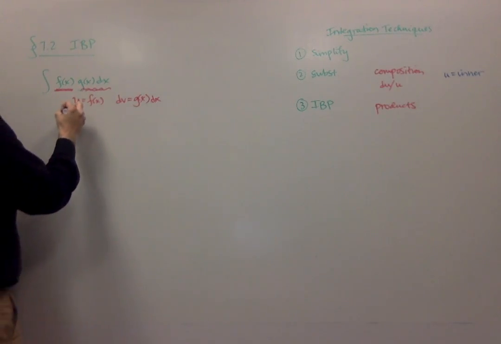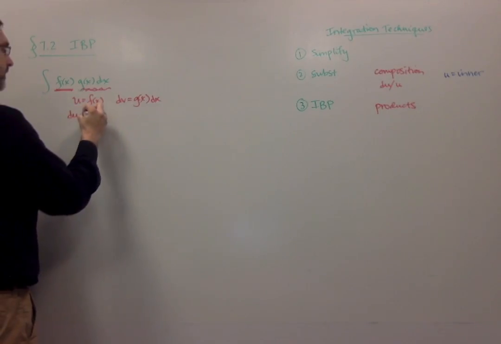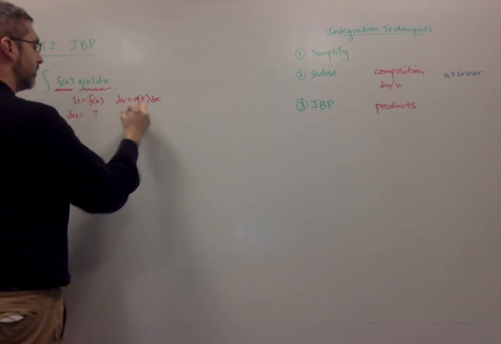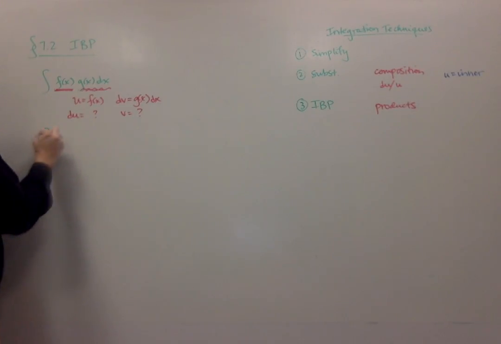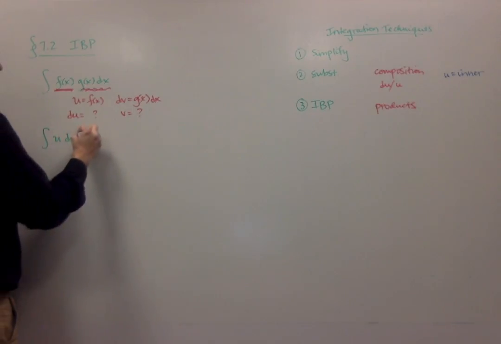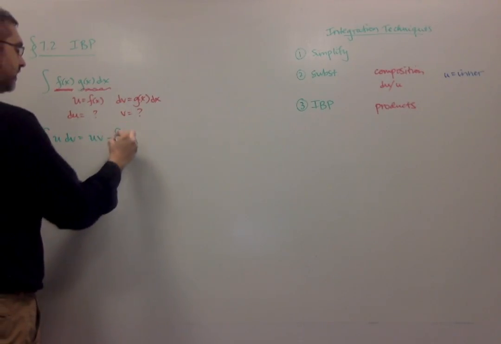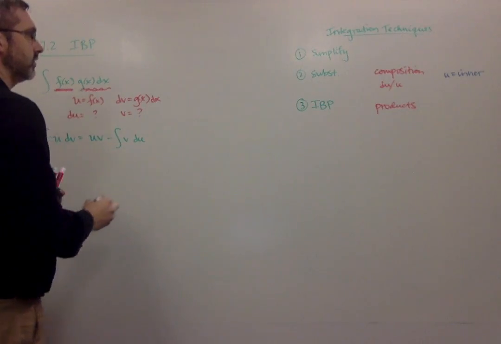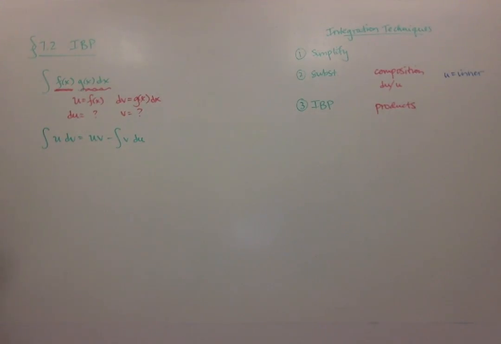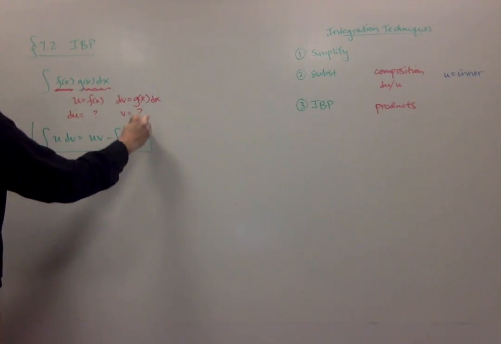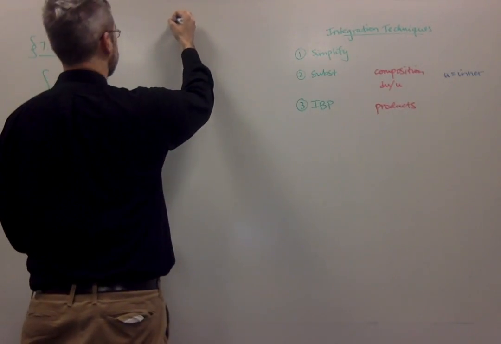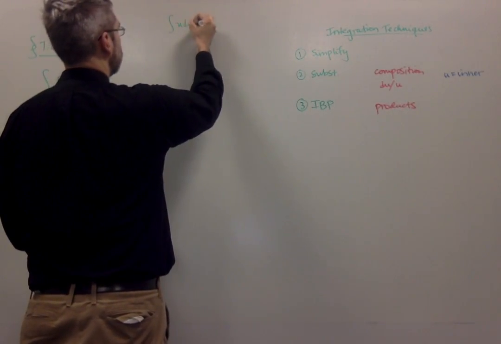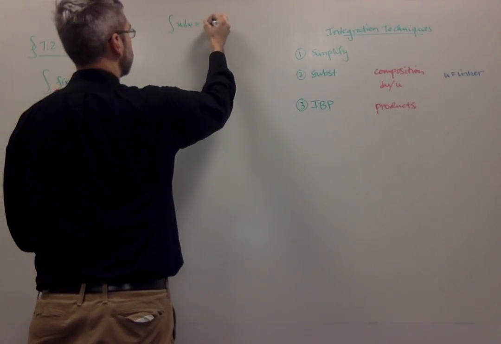Then we would figure out what du would be, and we would figure out what v would be. And we use the formula, the integral of u dv equals u times v minus the integral of v du. This is our integration by parts special formula. I'm going to write it up here because we're going to use it several times today.